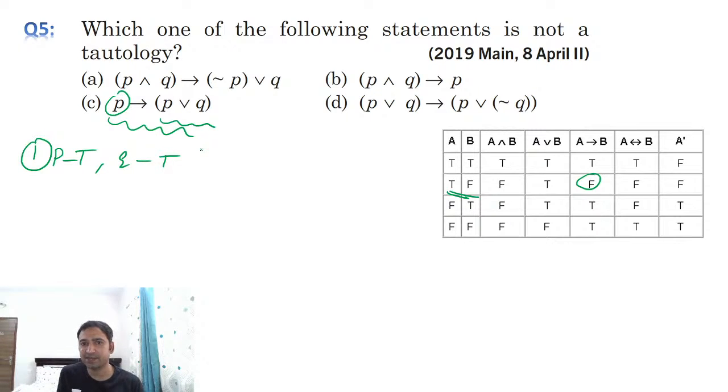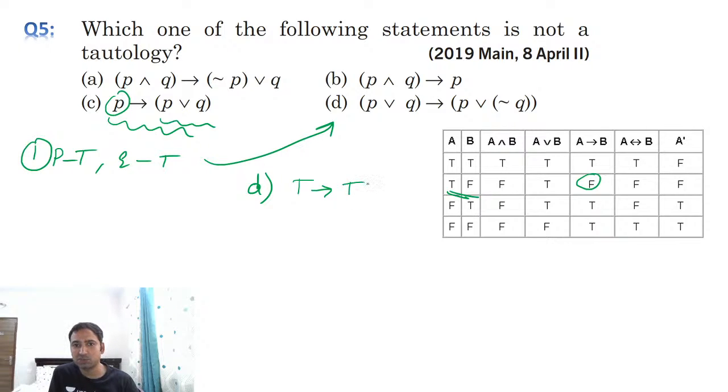Let's check what will happen. Now if you substitute this in option D, let's see what it comes to. P or Q, that is true, or Q is true, implies how much are we getting, guys? True or false. True or false is what? True only we are getting. So we're getting true only, guys.